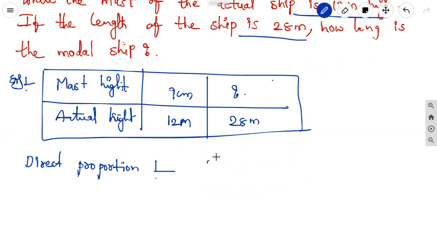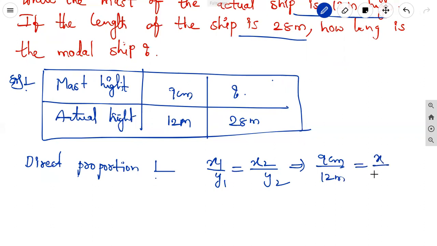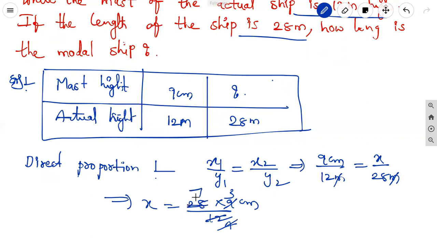Okay, here that is x1 by y1 equal to x2 by y2. From this, 9 centimeter by 12 meter equal to x by 28 meter. Meter get cancelled. And from this, x equal to 28 into 9 centimeter by 12. 3 3s are 9, 3 4s are 12, 4 1s are 4, 7 3s are 21 centimeter.